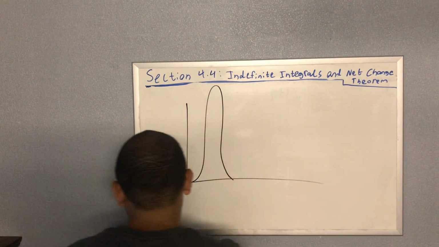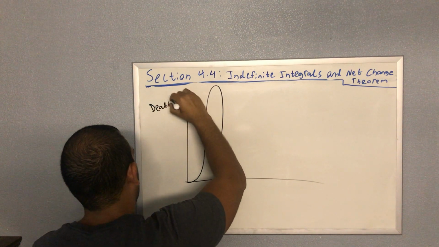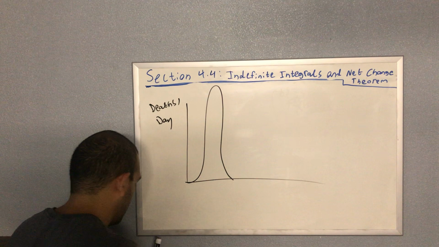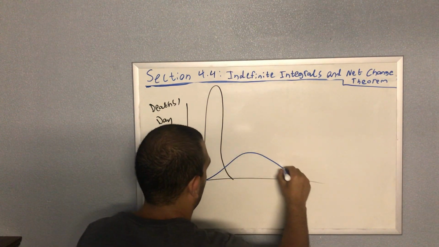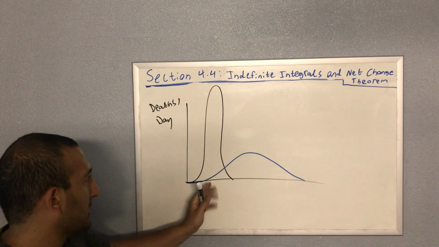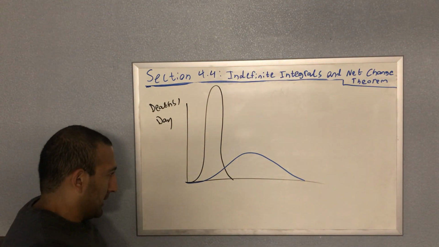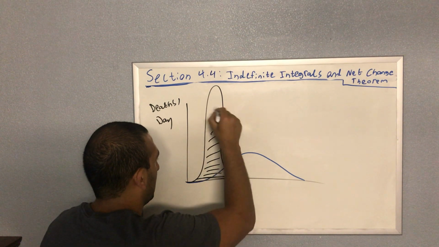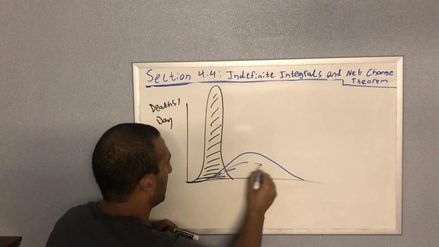If this is the curve that represents deaths per day versus this one, why did they not want to have this super peaky graph? Well, if you calculate the area under this curve, it is definitely a lot more than the area under this one.